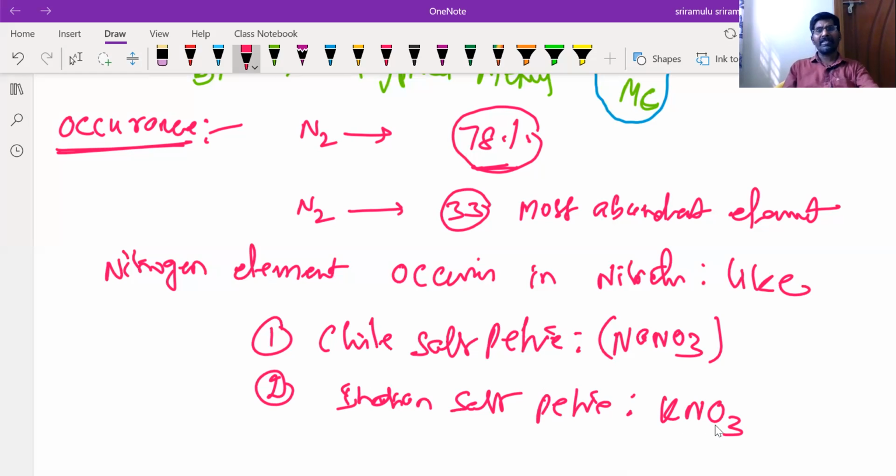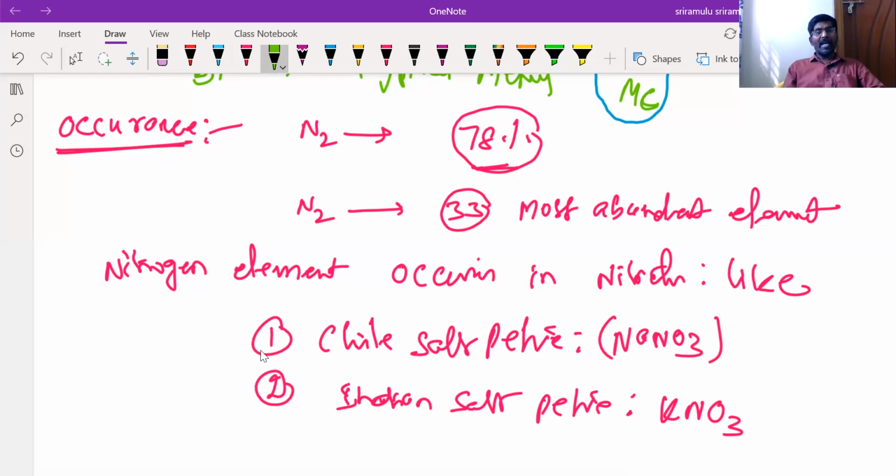Nitrogen element occurs in the form of nitrates, like first Chile saltpetre, NaNO3 compound, and the second one Indian saltpetre, KNO3, the potassium nitrate compound.